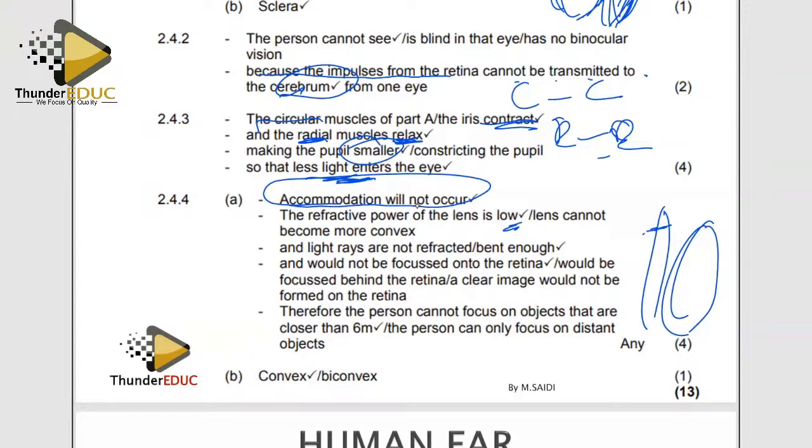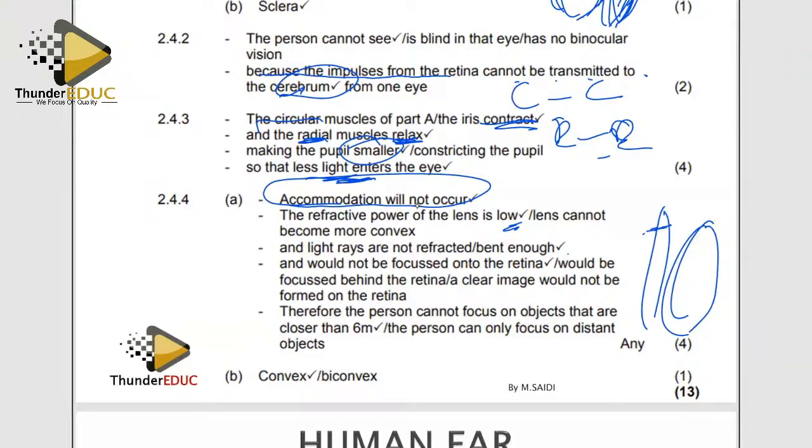Light rays are not refracted or bent enough, so they will not be able to focus onto the retina. You understand? Therefore, images of near objects will be focused behind the retina.